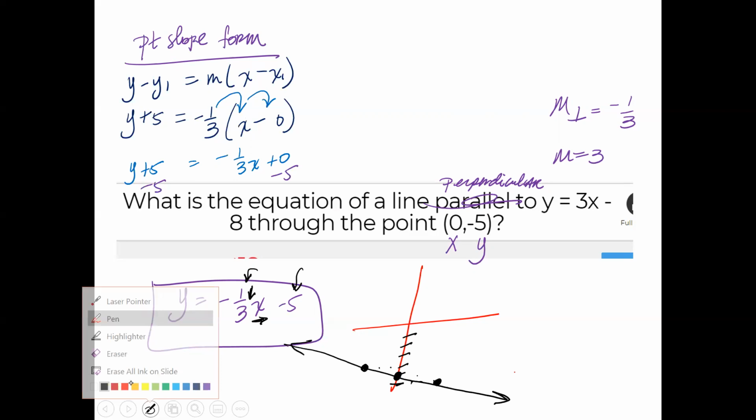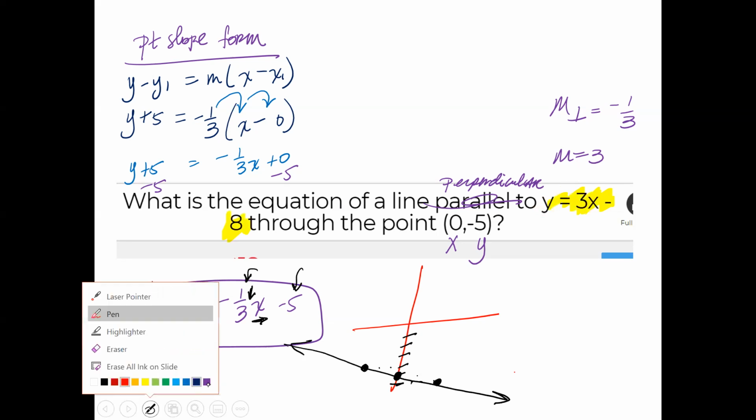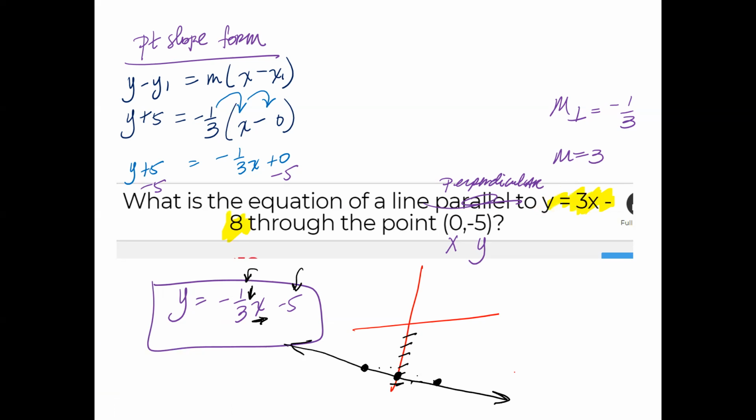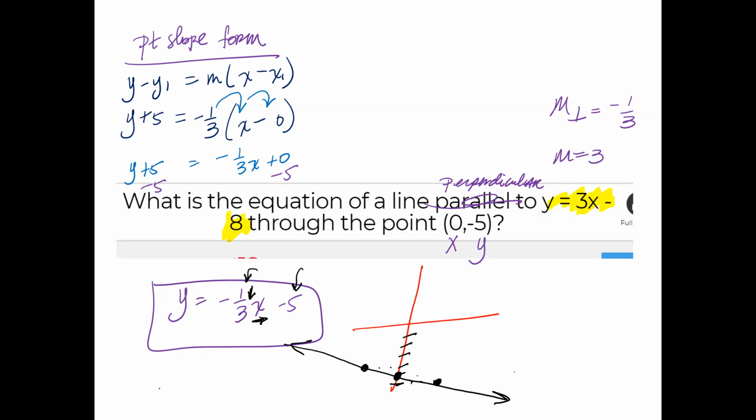Now I know that this line is perpendicular to the line that was given to me. And the line that was given to me is y equals 3x minus 8. So let's go ahead and graph that just to verify that it's indeed perpendicular. So -8 is 1, 2, 3, 4, 5, 6. Uh-oh, what's going on? Come on. Okay, now it stopped glitching.